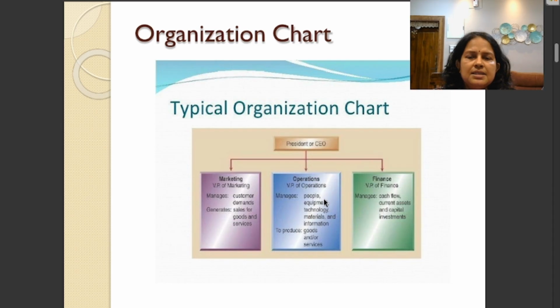The organization chart we have already discussed in the previous class. If we divide the organization into three major parts, then the first part may be finance, then operations, then marketing. So here the VP, or Vice President, of Marketing.